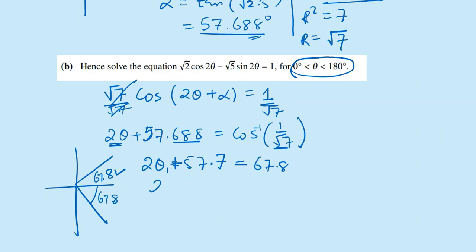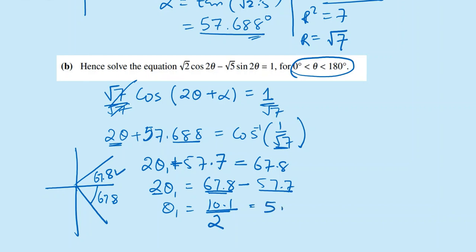So 2 theta 1 equal to 67.8 minus 57.7. Theta 1 is 10.1 over 2. Yeah, 67.8 minus 57.7 will be 10.1, and then divided by 2, answer will be 5.05. We can write 5.1 because we rounded off these also. So 5.1 is the first angle.